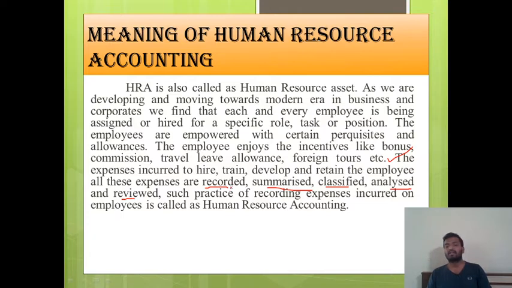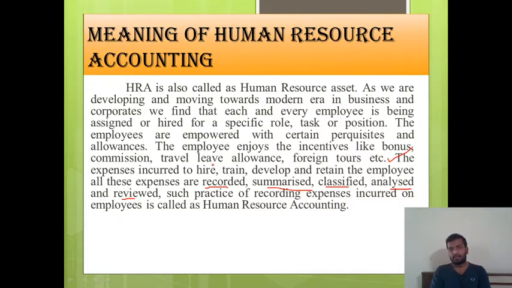Do you remember something after reading all these terms? These terms we can see in the definition of accountancy. So in human resource also, whatever expenses are incurred on the human resources, all those expenses are recorded, properly summarized, accordingly classified, and analyzed and reviewed.